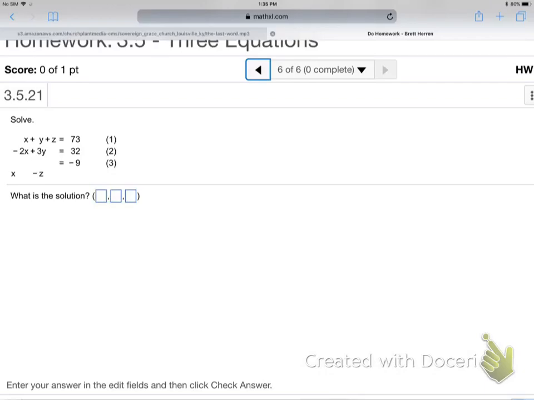All right, let's try that one. So x plus y plus z is 73, minus 2x plus 3y equals 32. And I'm going to line things up, since they're getting a little unlined up in the original question.